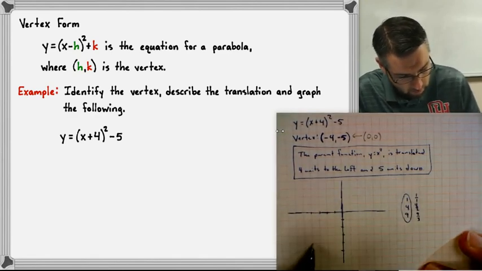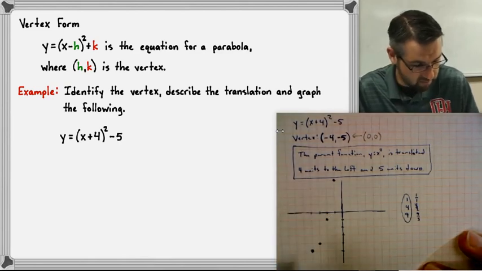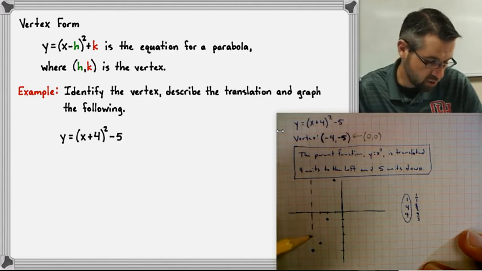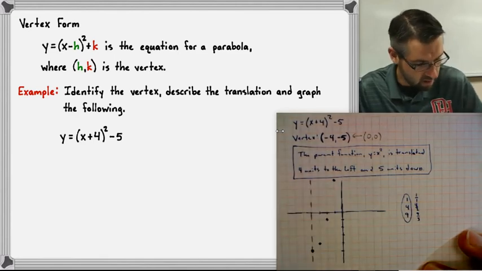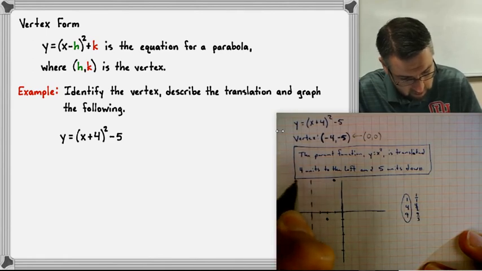So we're going to go up 1 and over 1. We're going to go up from the vertex 4 and over 2, and then up 9, 2, 4, 6, 8, 9, and over 3. And then we're going to reflect that because this is the vertex. We have an axis of symmetry here because the axis of symmetry always sits on the vertex. And then we can reflect that over like this.